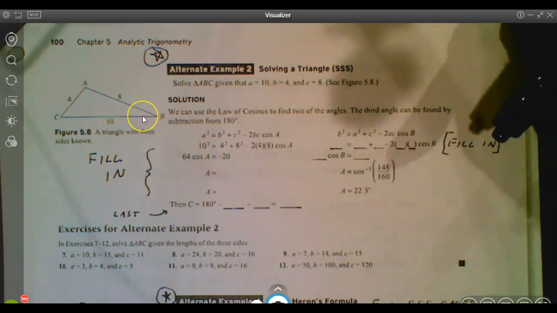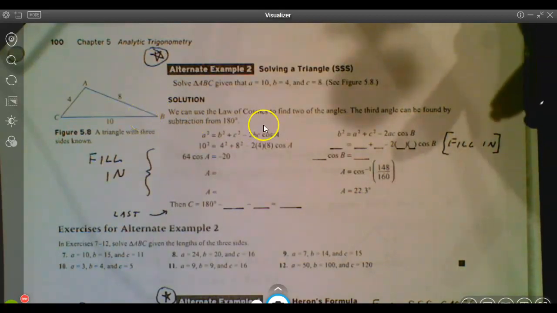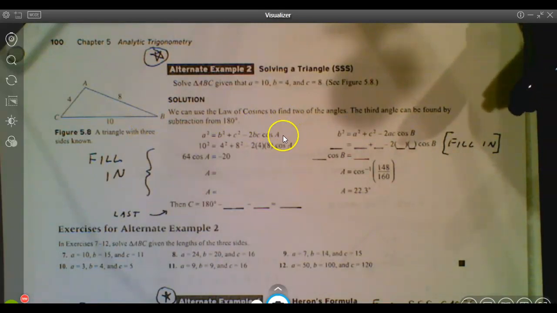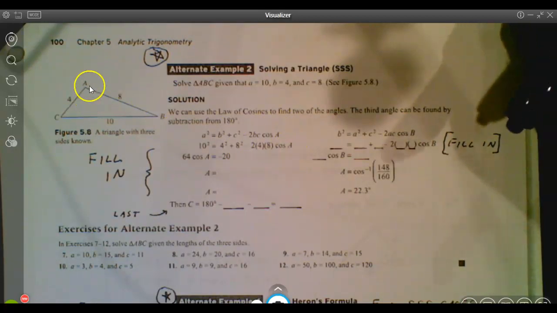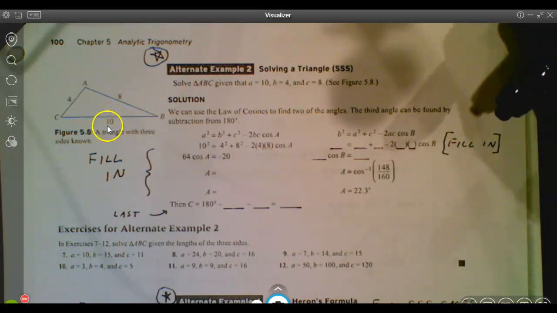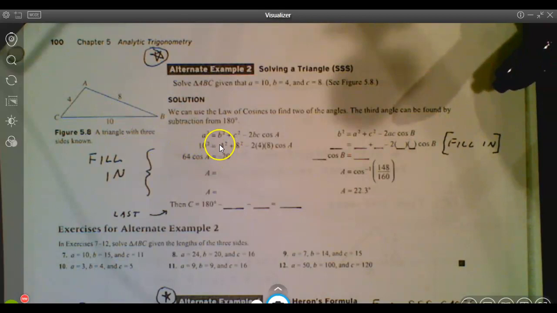I don't know an angle and the side across from it, so I'd have to go to my law of cosines. They just said, let's pick angle A to start with, and that's the one they're going to find first. So if I'm going to find angle A, this needs to be the isolated side in my formula. These then represent the other 2 sides of the triangle. And the rest is doing exactly what we just did on the last problem.